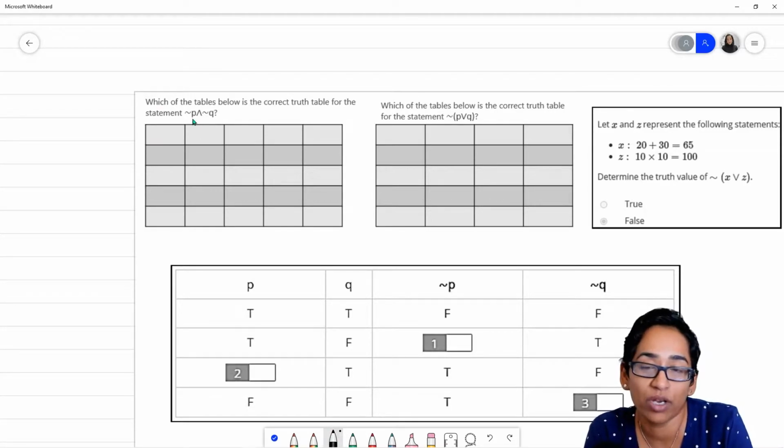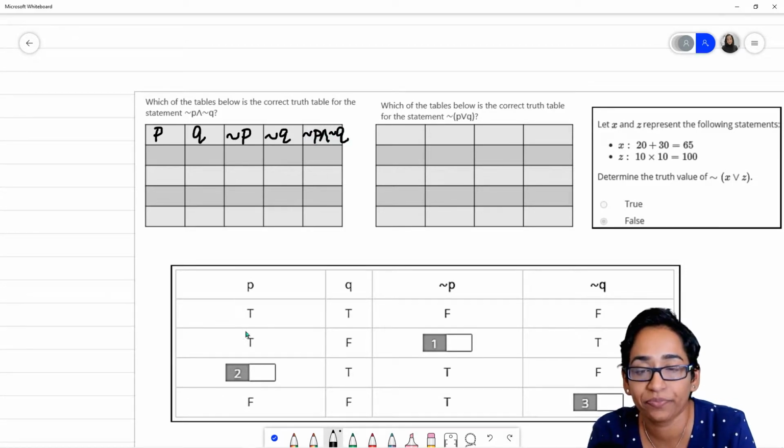You see what I'm trying to find? Negation P and negation Q. So I start with P. The next one is Q. Negation P, negation Q, and this has to be negation P and negation Q. Again, this is a conjunction. This means and.